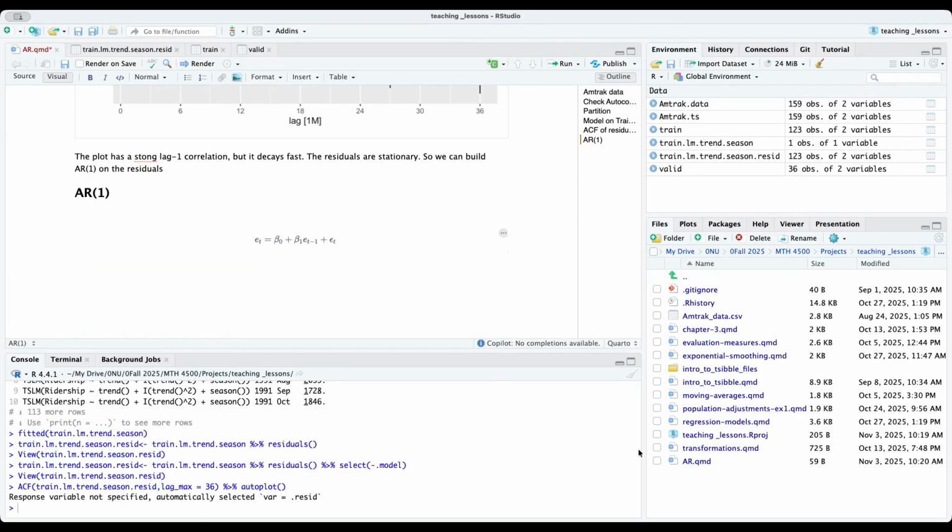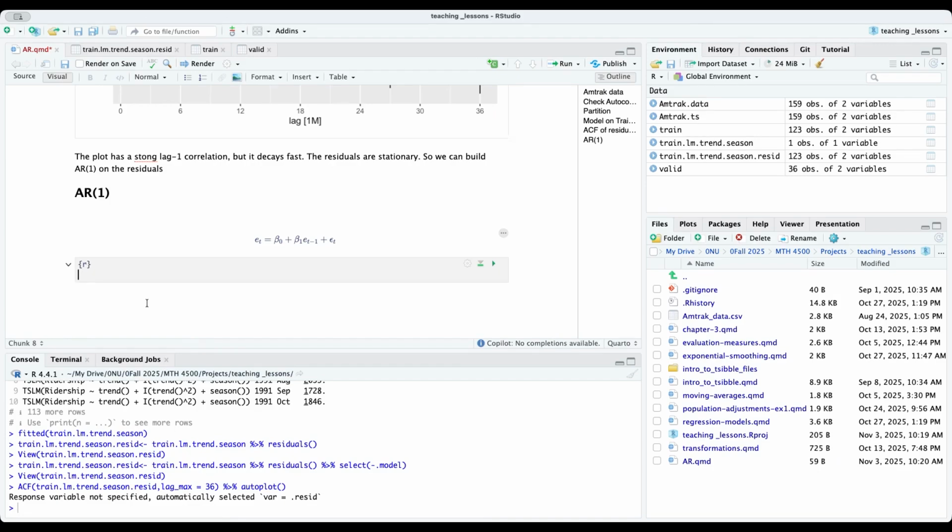Beta 1 is the autoregressive coefficient, which asks this simple question: how strongly today's residual depends on the last one. And this is the new random shock at time t, which is the white noise.